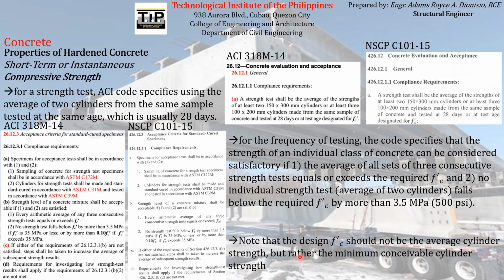So that is what is meant in this statement. We will not be using the average of the strength test results, but we will use the minimum strength test result as the FC prime for that particular testing.